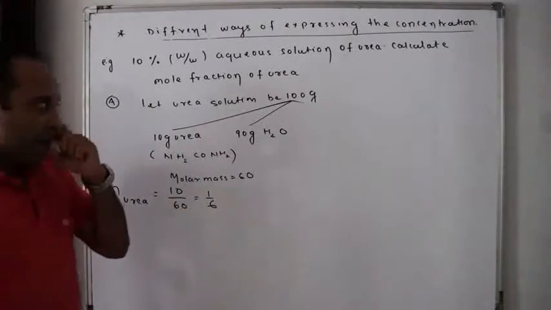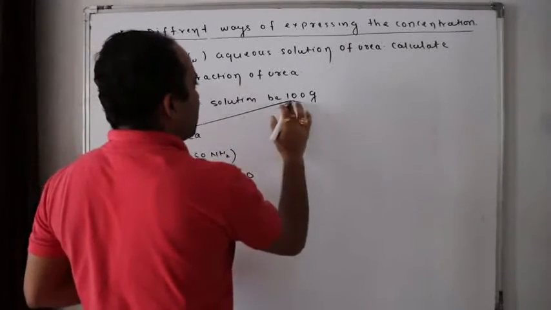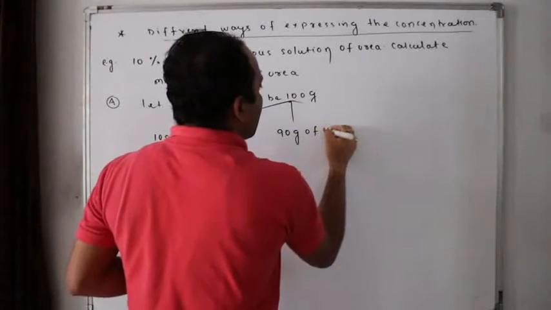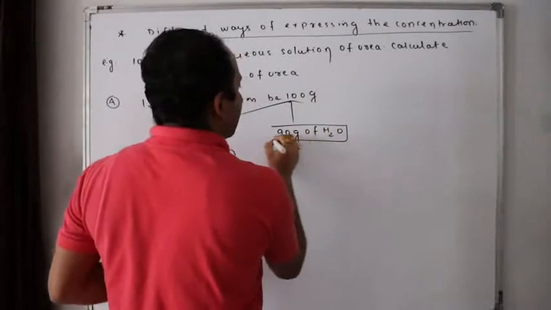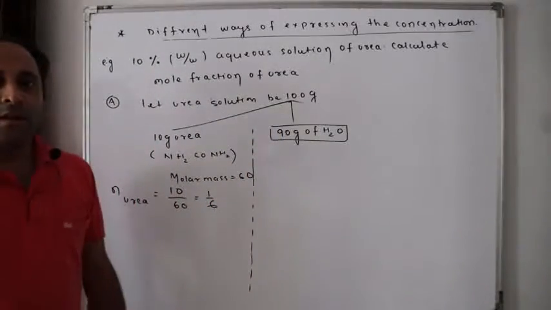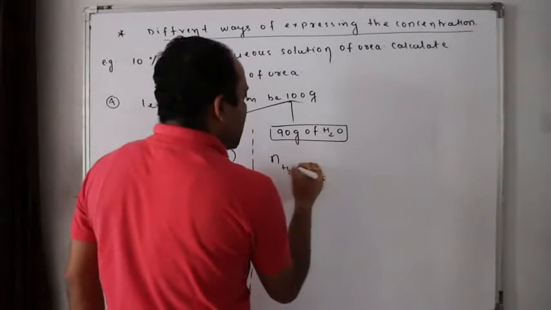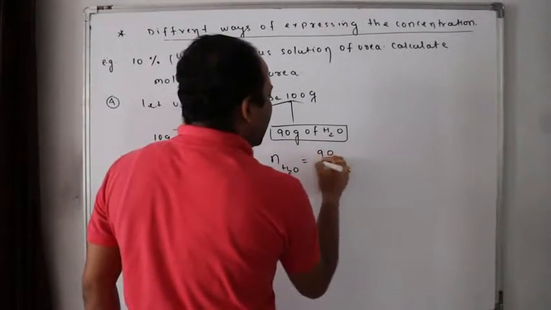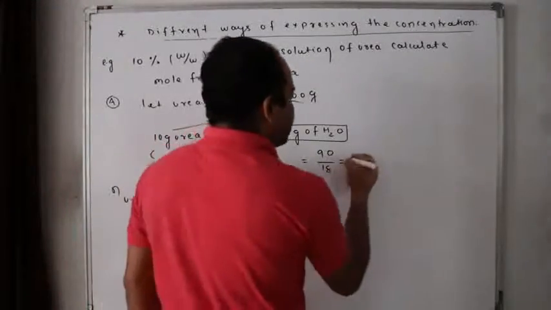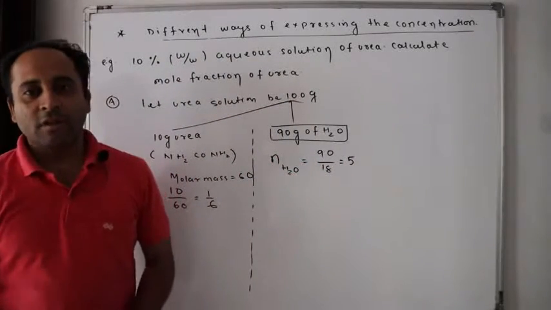Now next, 90 grams of water. How many moles? Number of moles of water is equals to 90 by 18. That is equals to 5.